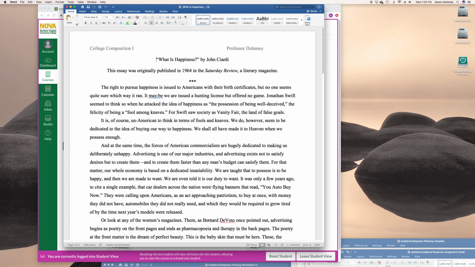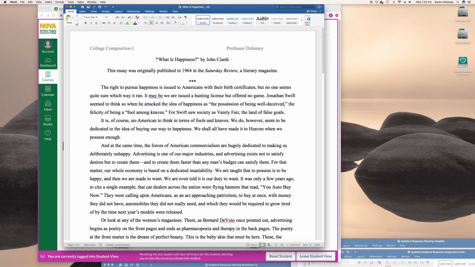Okay. And then he makes a little question here. It may be that we are issued a hunting license but offered no game. So what does he mean by that? Well, for my hunters out there, you know that you need to go out into the forest and try to shoot pheasant or deer. You need to get a license to hunt, right? You can get that license, but just because you have a license doesn't mean you're actually going to be able to catch anything.